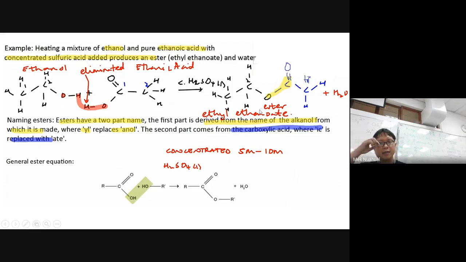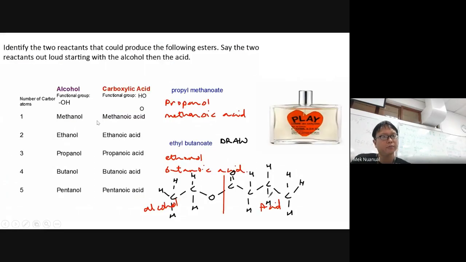Now, when it comes to naming, it's not too tricky, there's a very systematic way to name your ester. If you look at this table, this is an easy way to do it. You have your alcohol and your carboxylic acid.